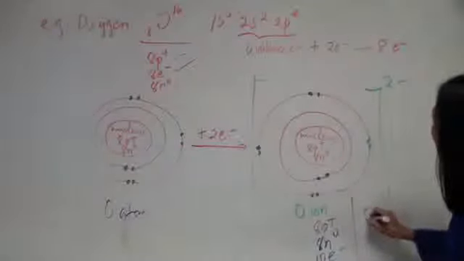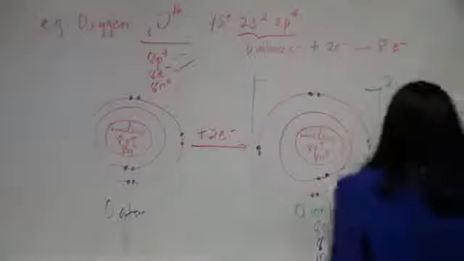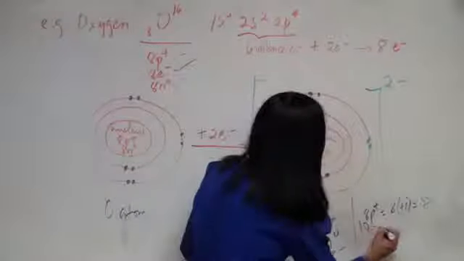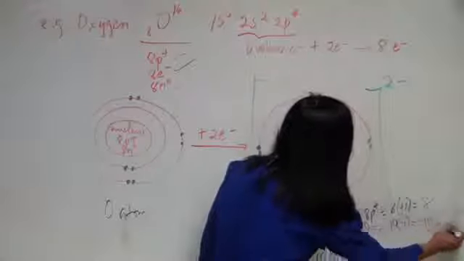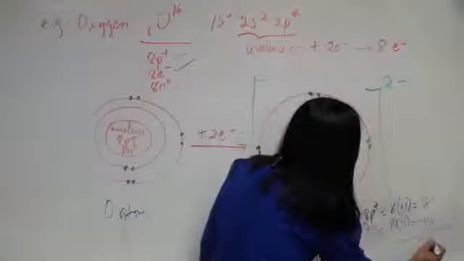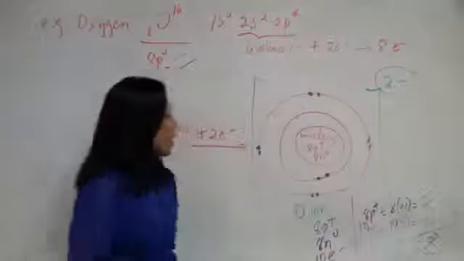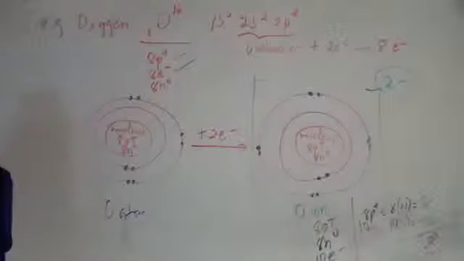So your 8 protons will give you a net charge of 8 times +1, which is +8. And your 10 electrons will give you a net charge of 10 times -1, which is -10. And so your oxygen ion has a charge of -2. Okay, so let us work on your worksheets now and look at other examples.